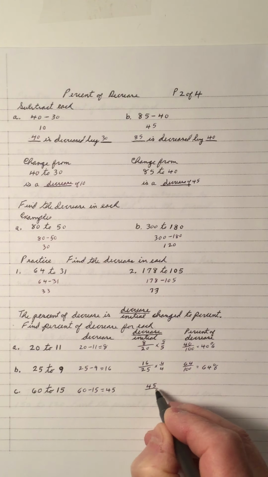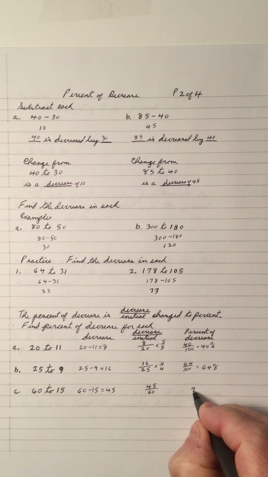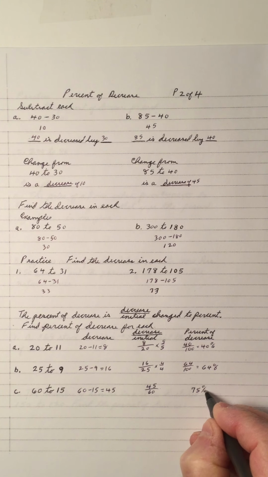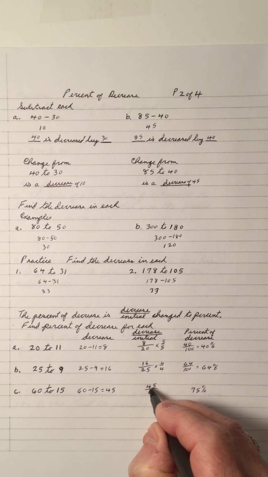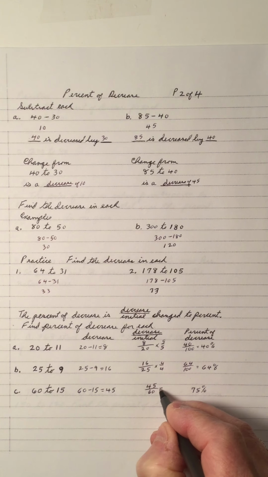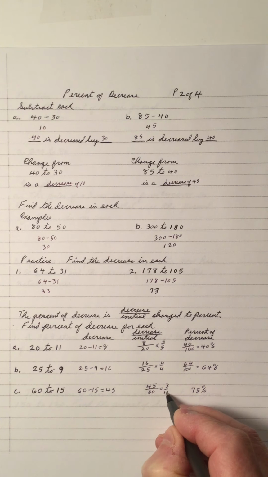Decimal 0.75, so it's 75%. If I want to, I could reduce it down by 15: 15 into 45 goes 3, 15 into 60 goes 4. 3/4 is 75 out of 100, so 75%.